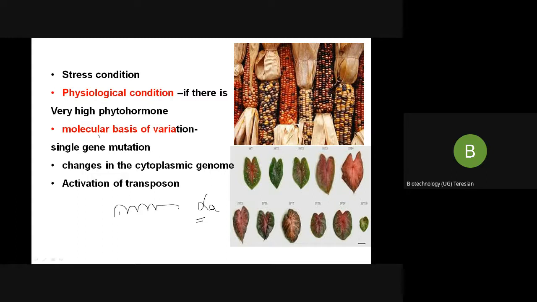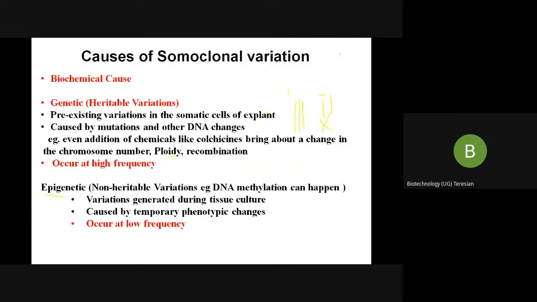So when I'm growing the plant in the laboratory, sometimes what happens, because of these biochemical changes, or because of the stress condition, or because of the physiological conditions, or because of some of the chemicals, okay, this can lead to variation. So the plant material I have chosen, when it produces a new plant, because this is all vegetative propagation from somatic cells, there is no sexual reproduction here.